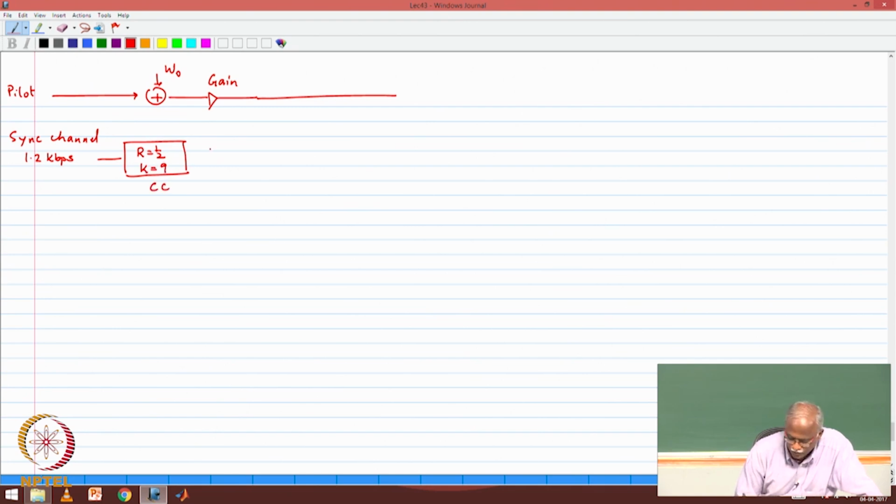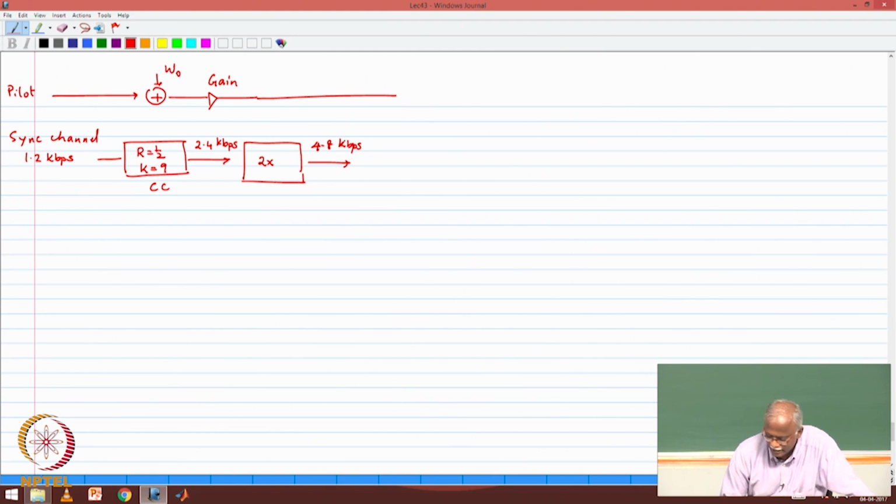So rate 1/2, 1.2 will become 2.4 kbps at the output. Now we repeat the data. With a 2x repeat, this becomes 4.8 kbps. Each bit or block of bits is repeated. Then this data is interleaved.